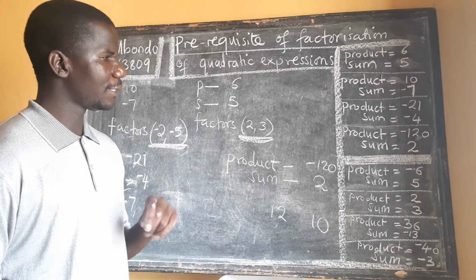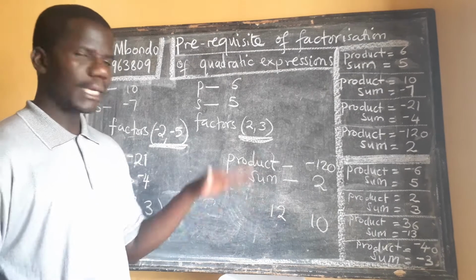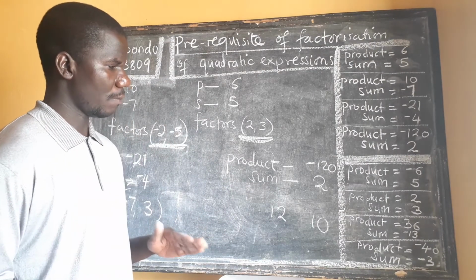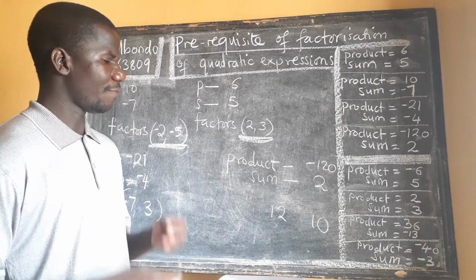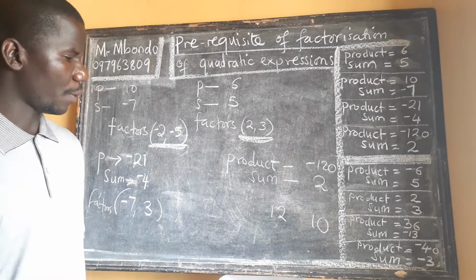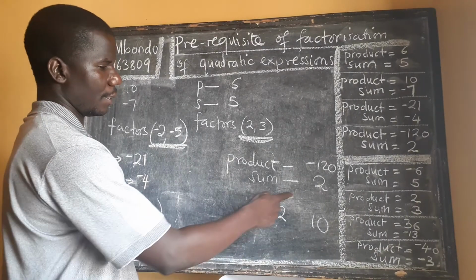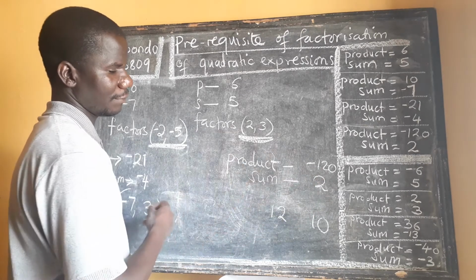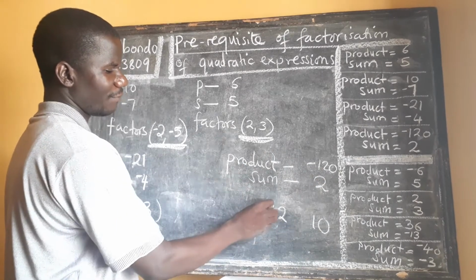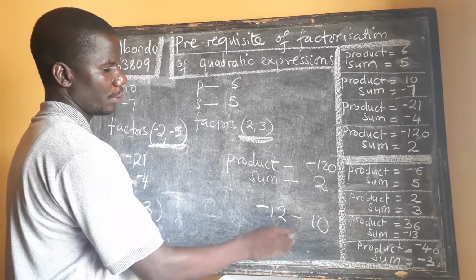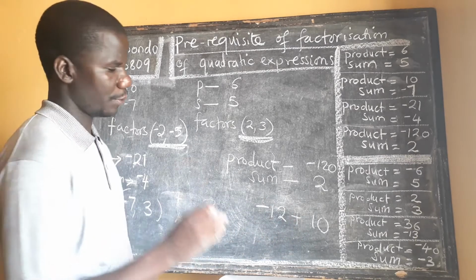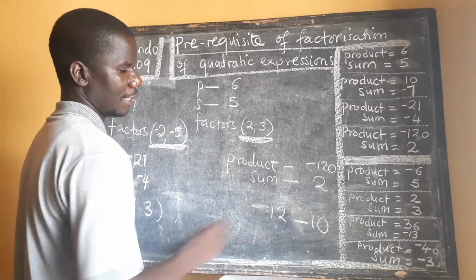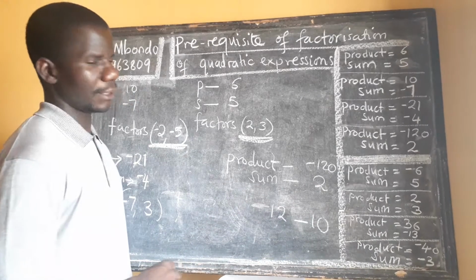So now the question is, which one is going to have a negative? You look at this one. This is a positive. If you put a negative on this one and add the 2, your answer will be negative 2. So this just tells us that the negative must be on 10.